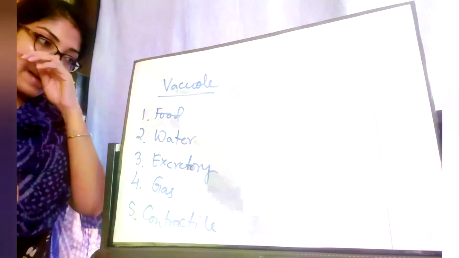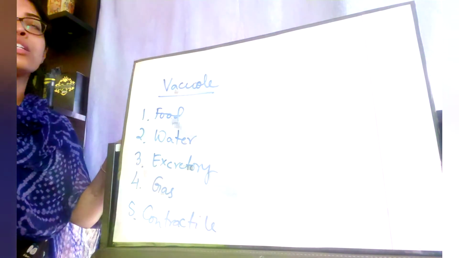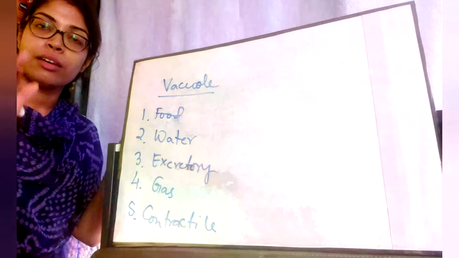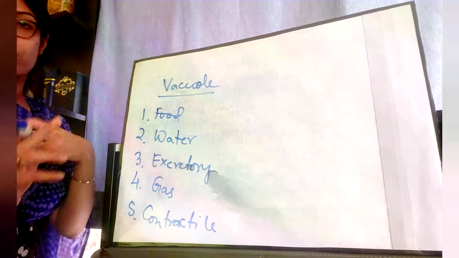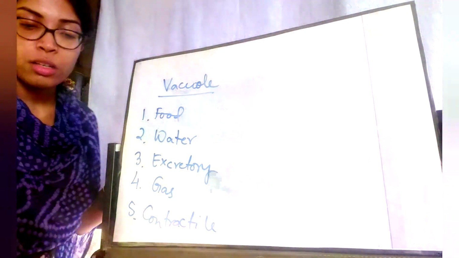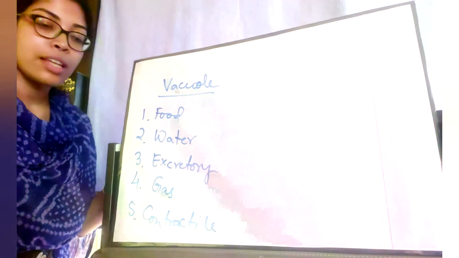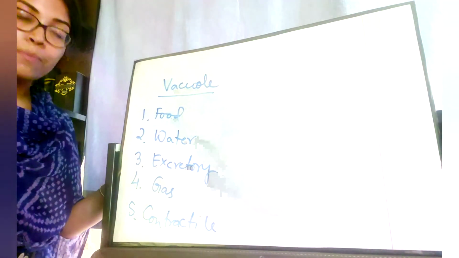That condition, where the cytoplasm and nucleus are pushed towards the periphery and only the vacuole is there, is known as primordial utricle. These are 1 or 2 marks questions, and also there is the function or types of vacuole.